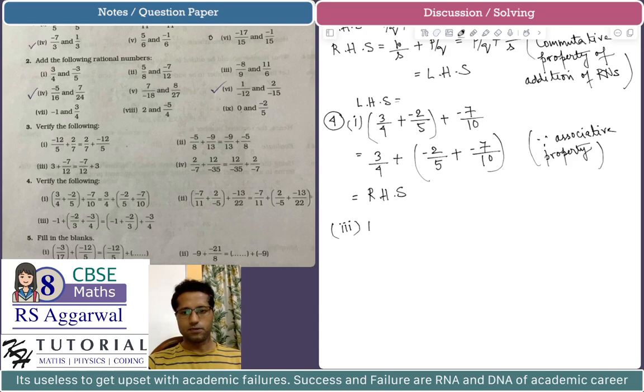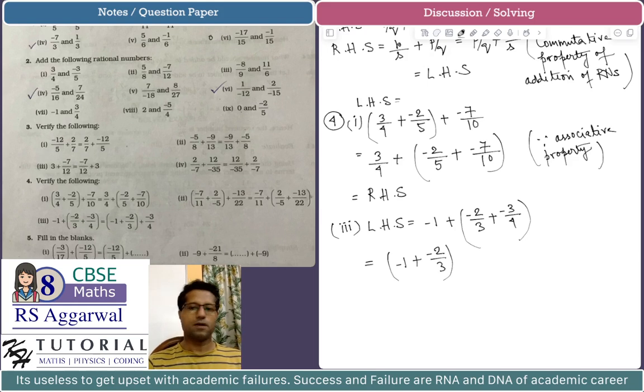So what is LHS? In the given equality that we have to prove, LHS is minus 1 plus, it is minus 2 by 3 plus minus 3 by 4. Okay. So this we know, applying the associative property we can change the grouping, that is we can group minus 1 plus minus 2 by 3 and then leave the minus 3 by 4 alone.